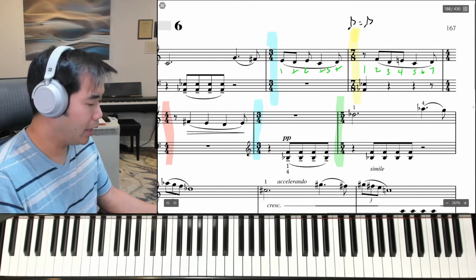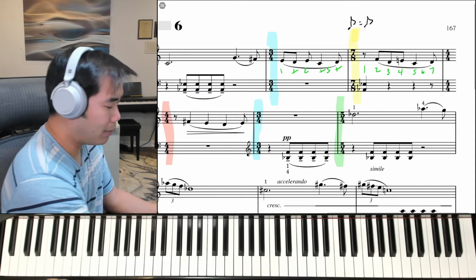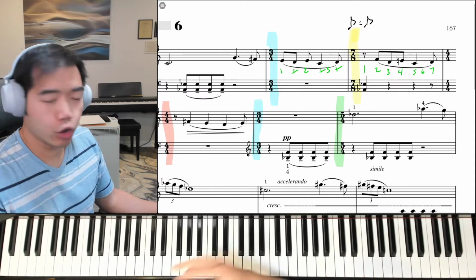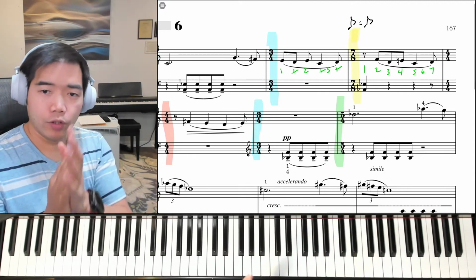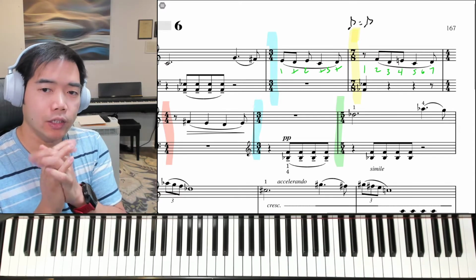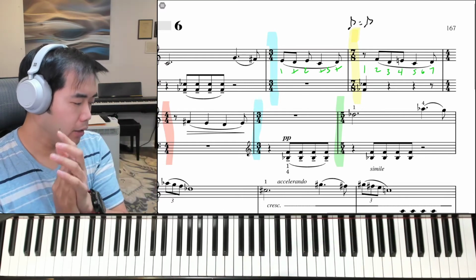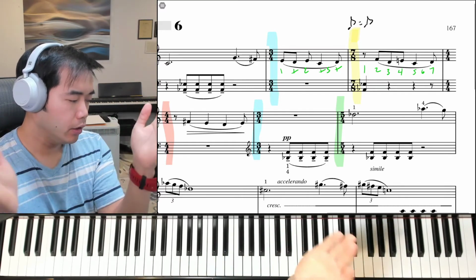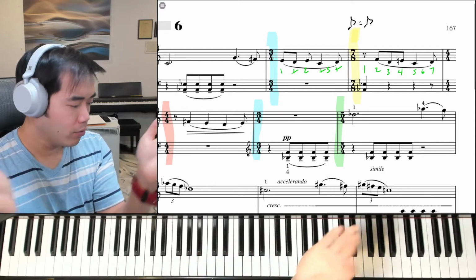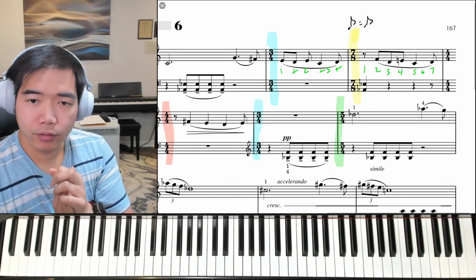Okay, so let's try just those two measures together, because that's probably the trickiest transition in this, going from 3/4 to 7/8. So if you watch me, we're going to clap and count this. Watch me one time. 1 and 2 and 3 and 1, 2, 3, 4, 5, 6, 7. Try that with me.